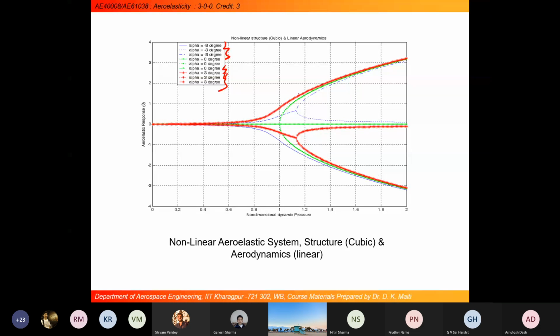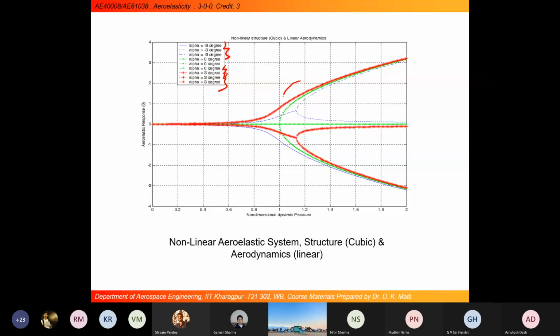So basically we have plotted the response theta varying with the non-dimensional dynamic pressure when we have taken structural nonlinearity, cubic nonlinearity, and aerodynamic linear. That we have to derive the same way, and for different values of alpha, I can get the numerical solution.